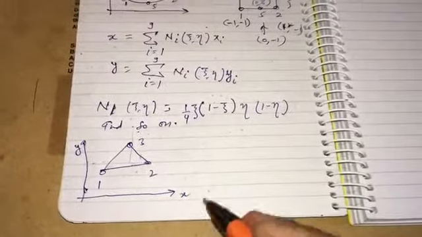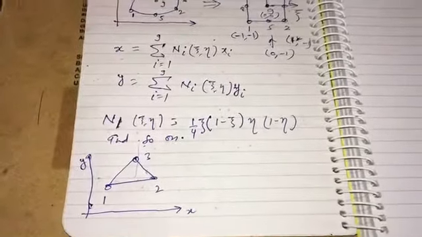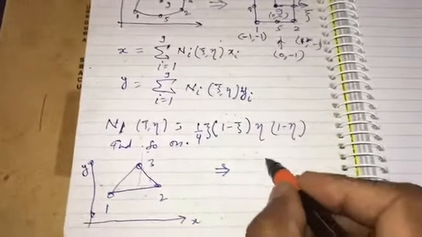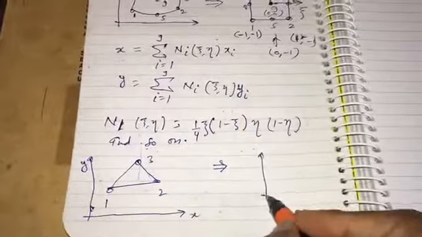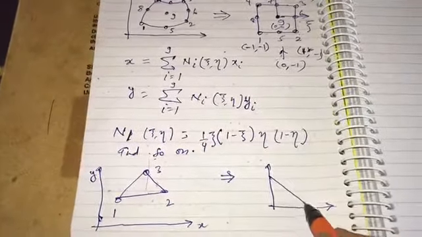Here when you say isoparametric triangular element, what we mean is, can we transfer that into an element which is something like this.